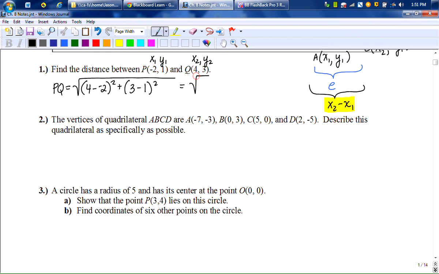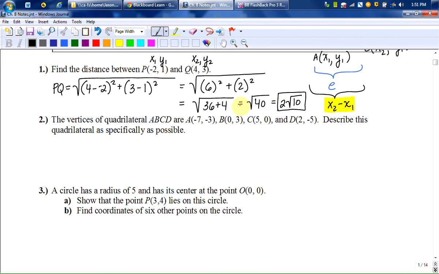So we'll simplify obeying the rules of PEMDAS, order of operations. We just keep simplifying until we get our exact answer, which is 2 root 10.